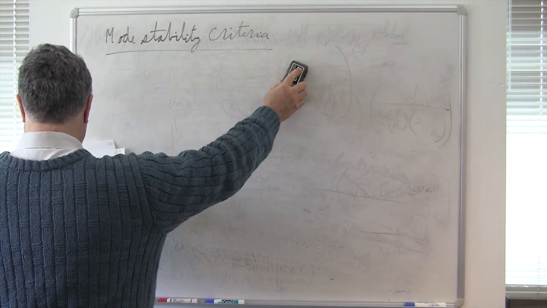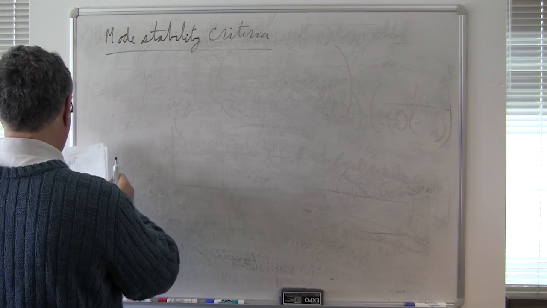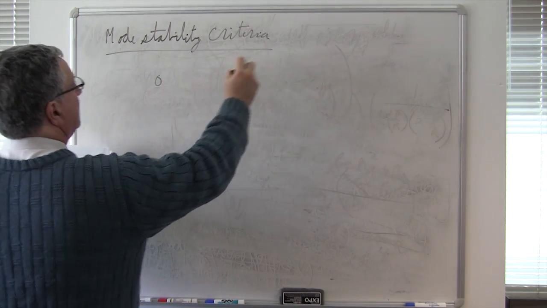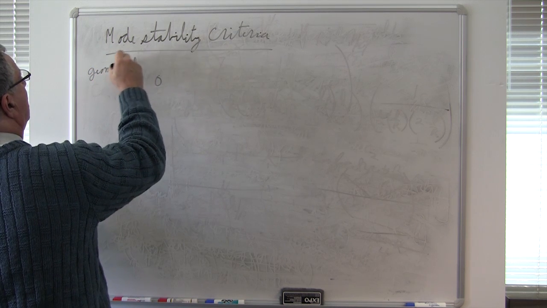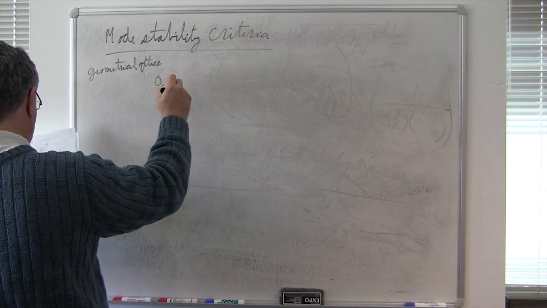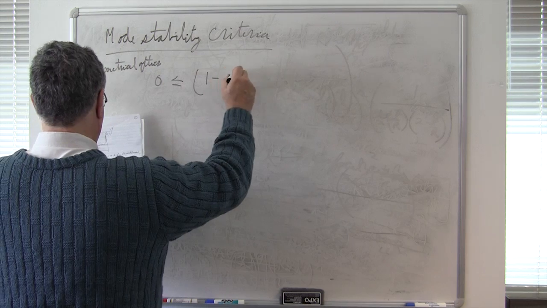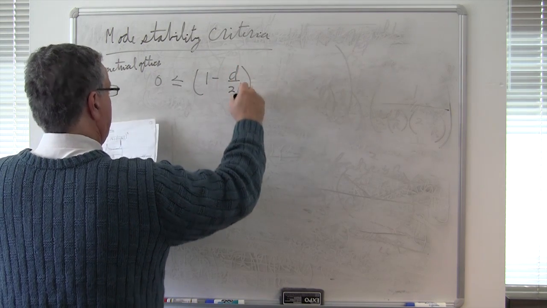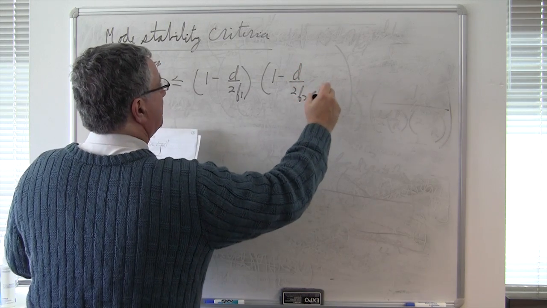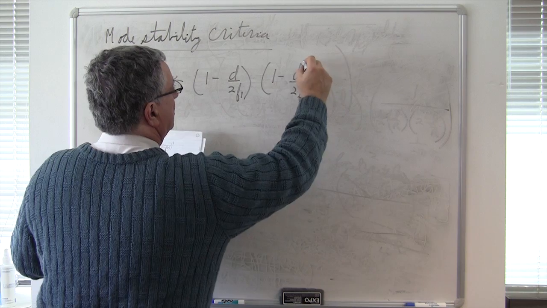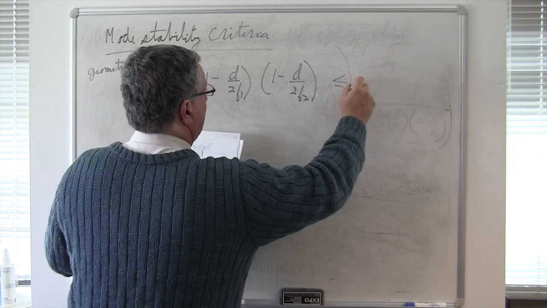Okay, let's do that. So we're going to use the previous stability condition in geometrical optics. You remember we get 0 smaller or equal to (1 minus d over 2f1) times (1 minus d over 2f2), smaller or equal to 1, where d is the distance between the lenses, and between different lenses.